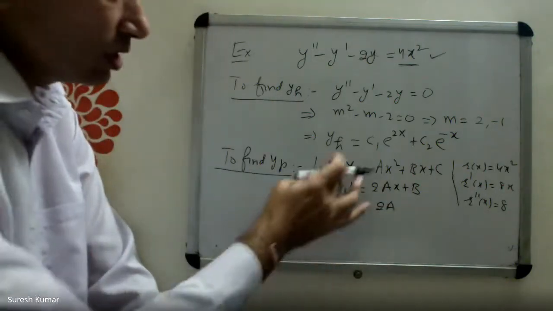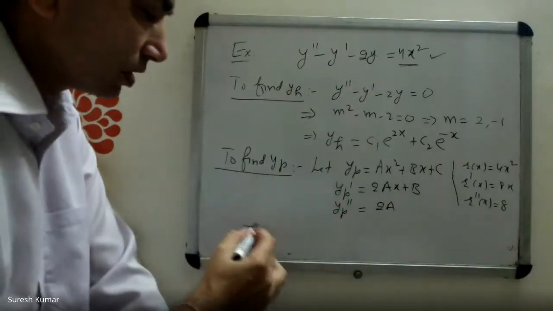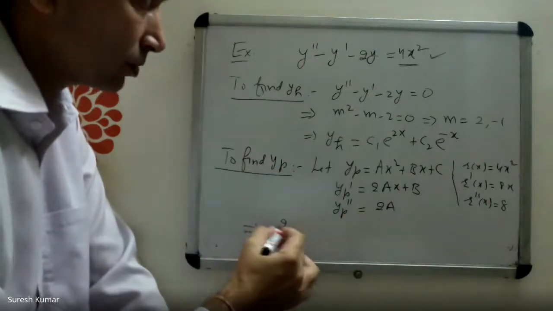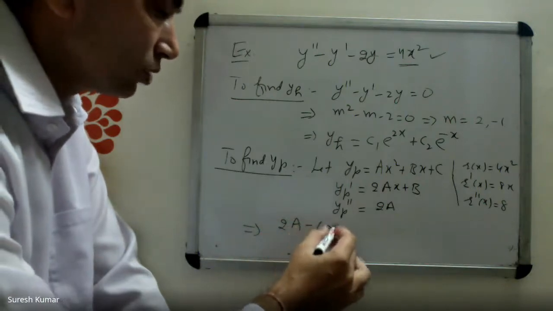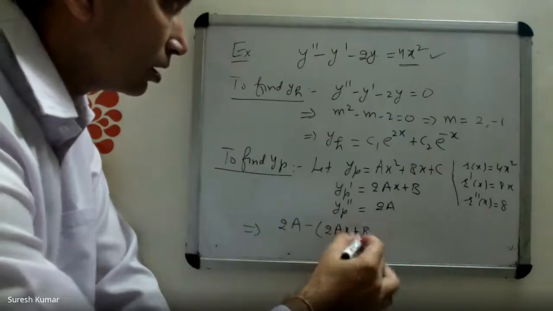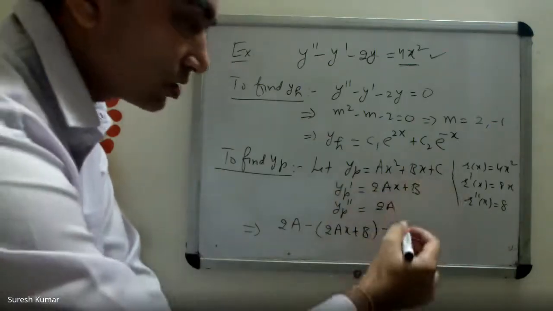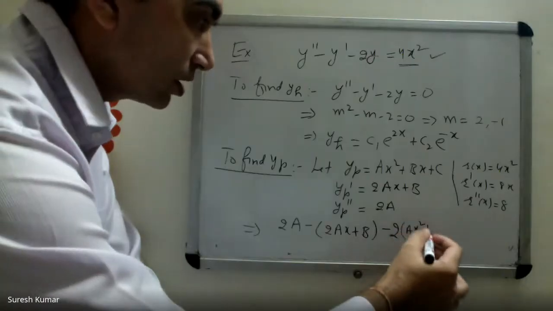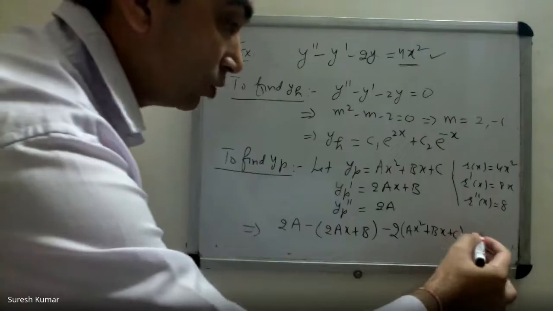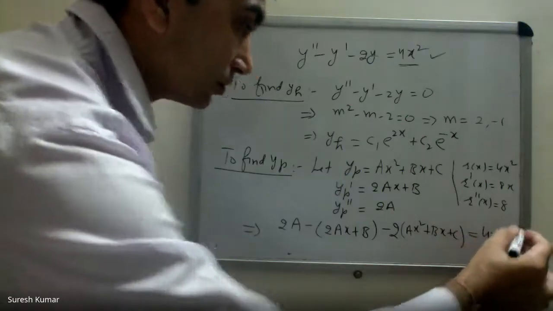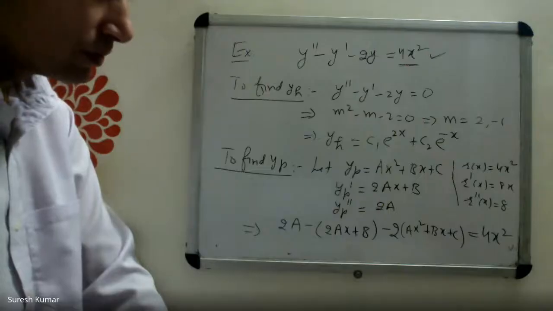So substitute these three into the given differential equation. See what you get: 2a minus (2ax plus b) minus 2 times (ax square plus bx plus c) equal to 4x square.